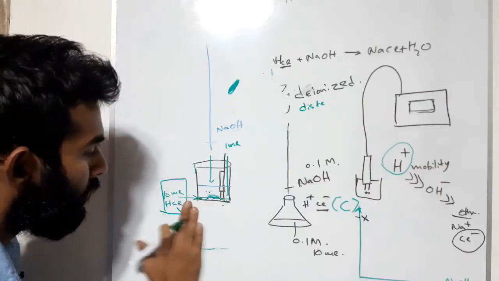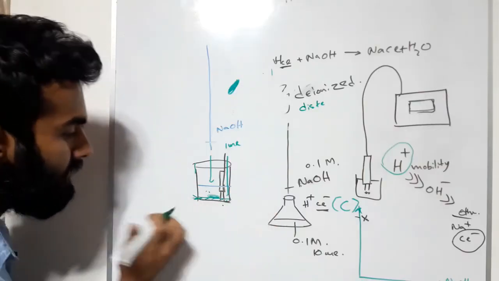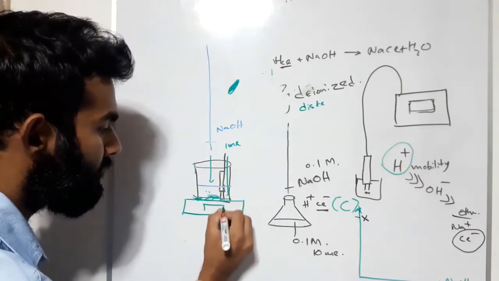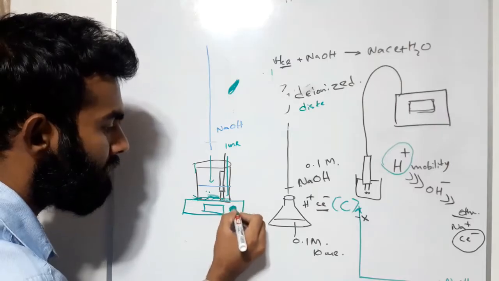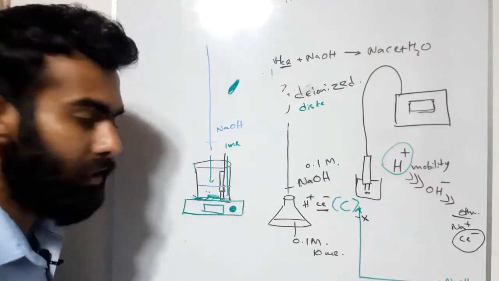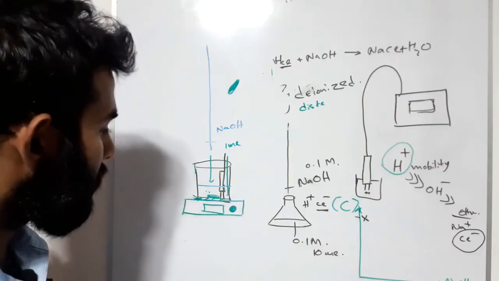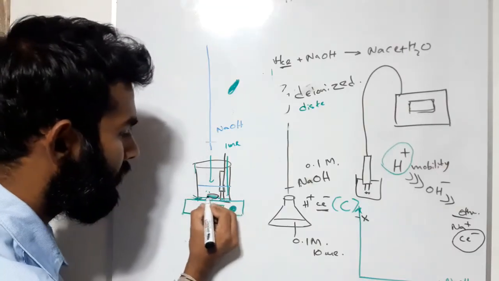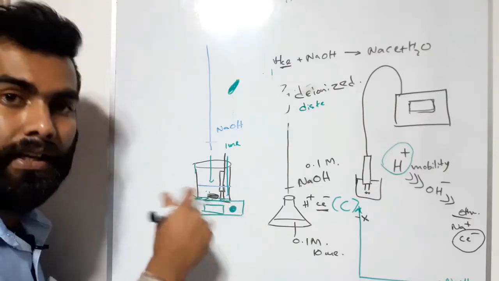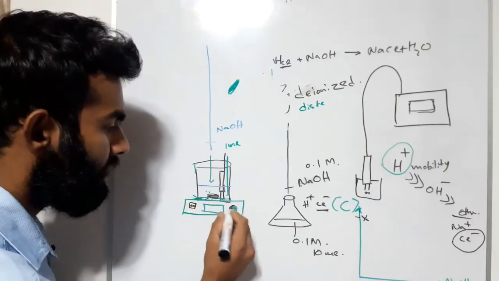This whole set of the experiment, this beaker, we will keep on a magnetic stirrer instrument. There is a knob and we can adjust the speed. We add a magnetic tablet, switch on, and adjust the rotation speed.